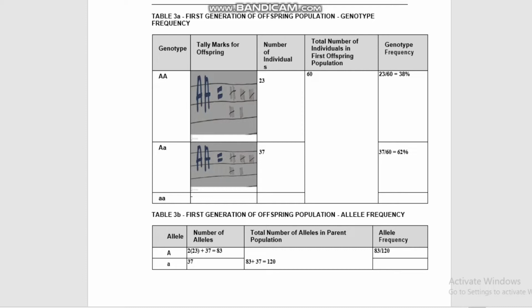So the total is 97%. So next for the allele a recessive, 37 divided by 120 equals to 31%.